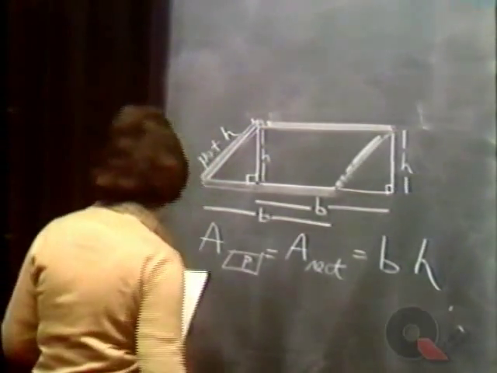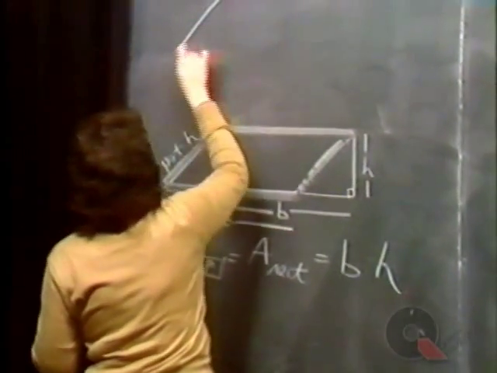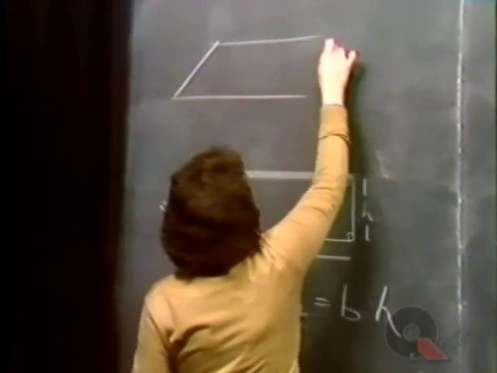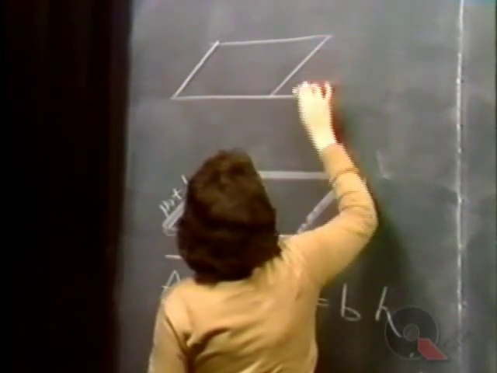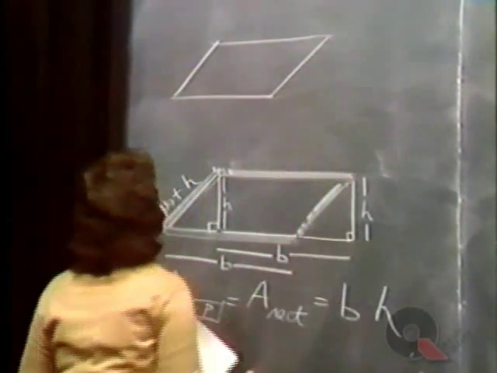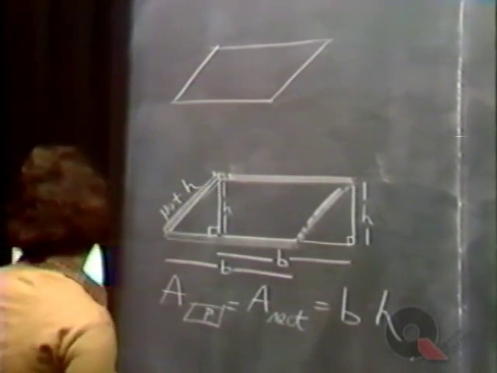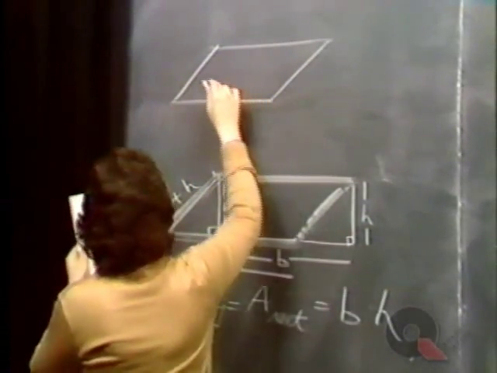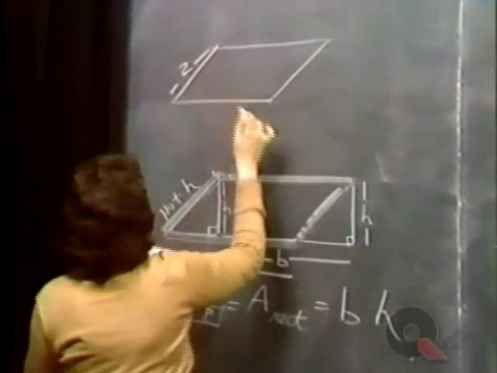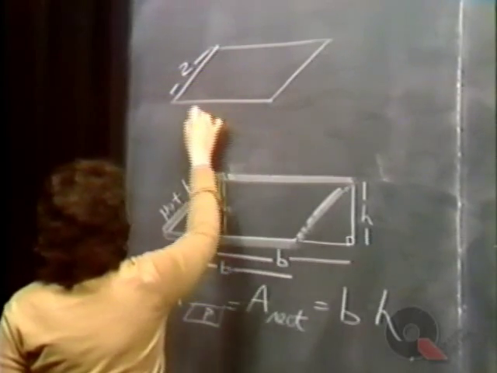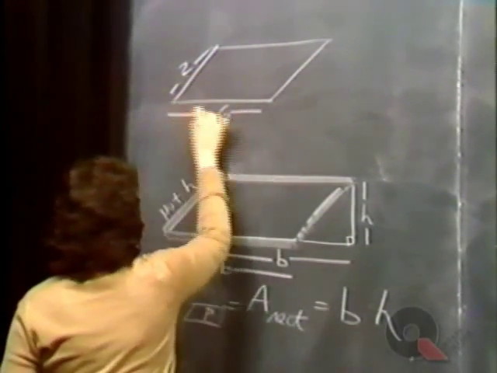Okay, let's look at a simple example. Let's find the area and the perimeter of this parallelogram. Let's say the length of this side is 2. The length of this side is 6.